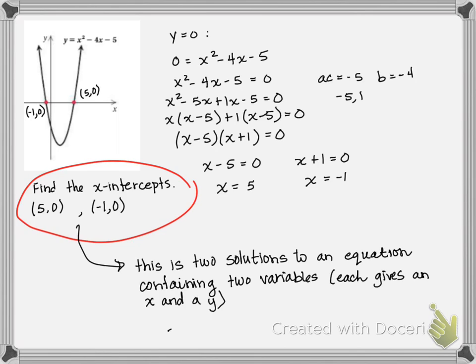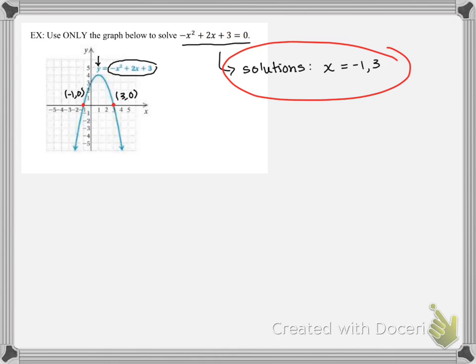So when we have an equation with 2 variables in it, the solutions have to have 2 numbers. This is 2 solutions to an equation with 1 variable.